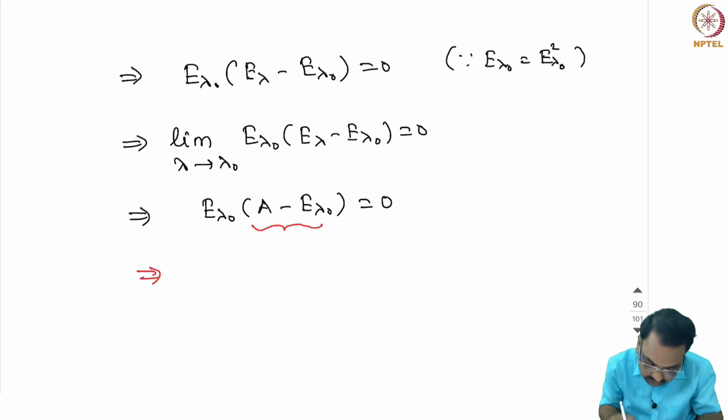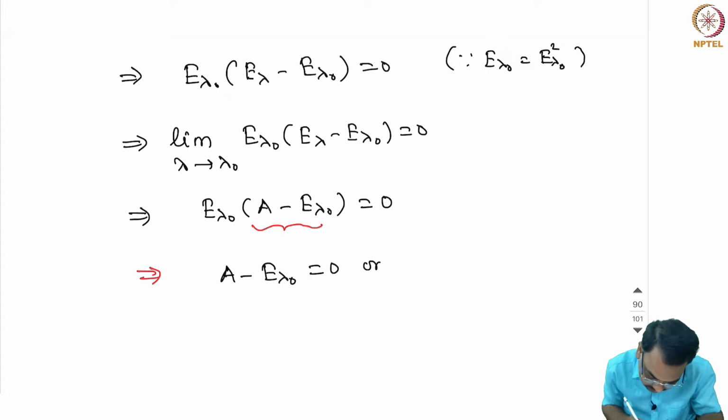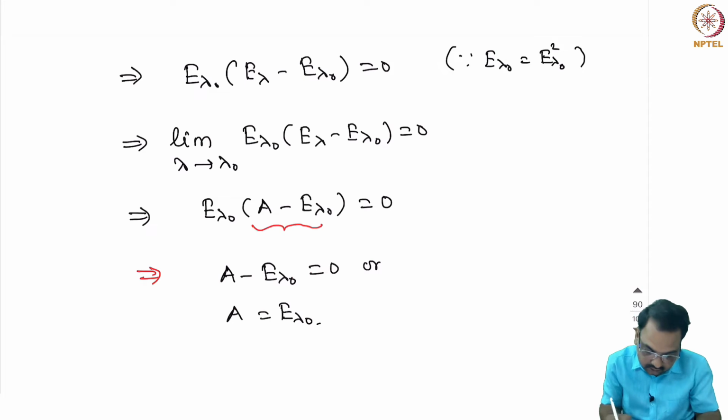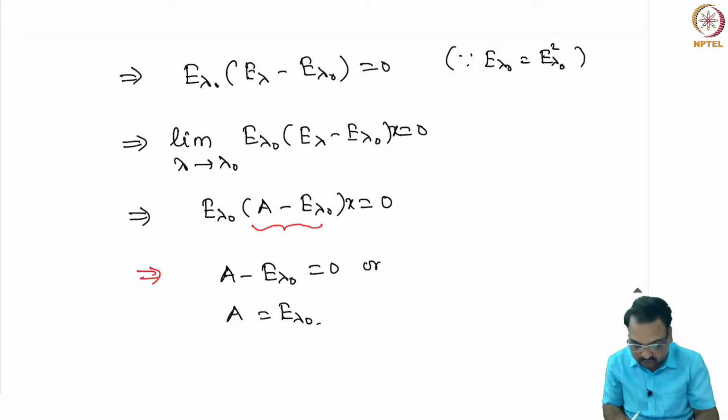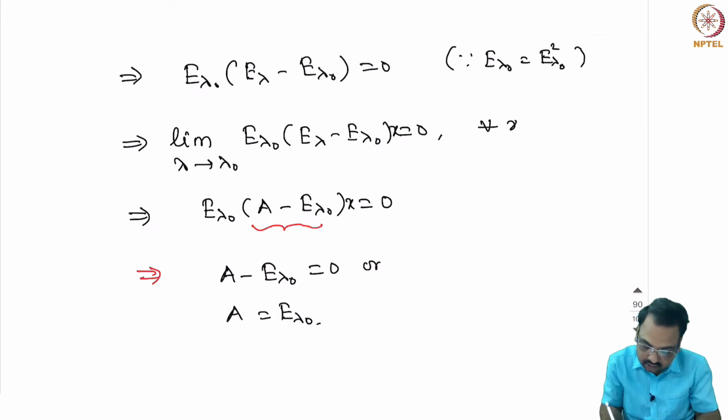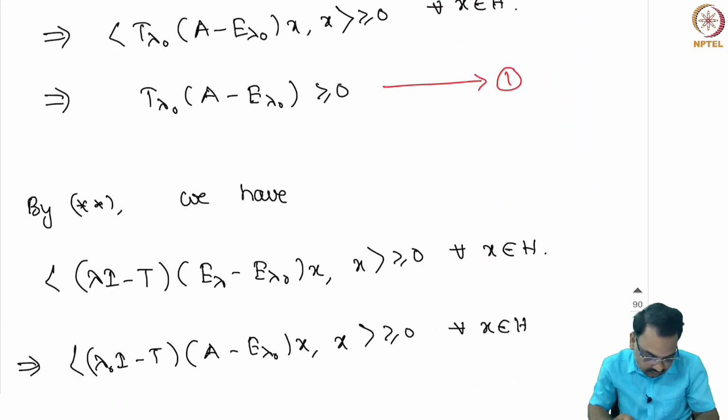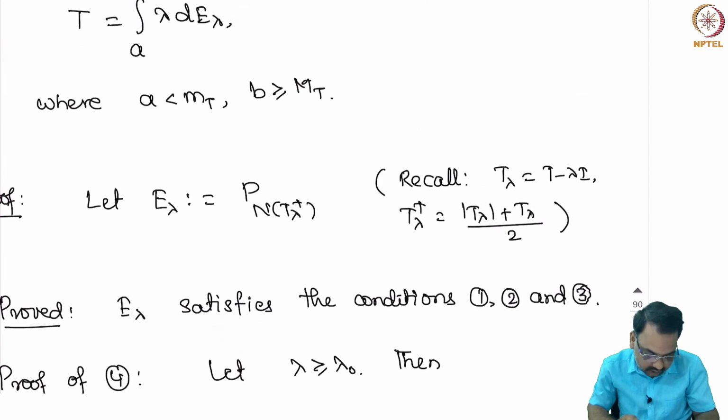So from this we can say that A minus E lambda naught is 0, or we can say that A equals E lambda naught. Here the convergence is with respect to the strong operator topology. So A equals E lambda naught, because this happens for every x in H. Okay, so this completes the proof of the fourth statement.